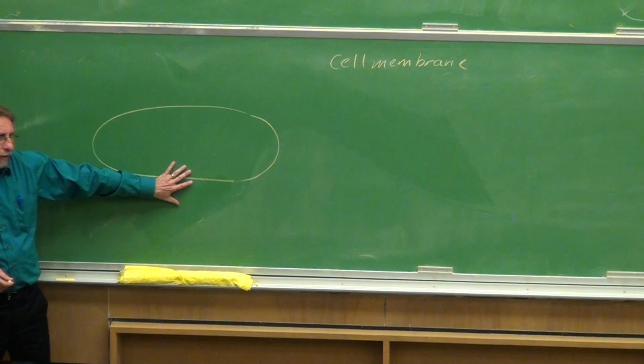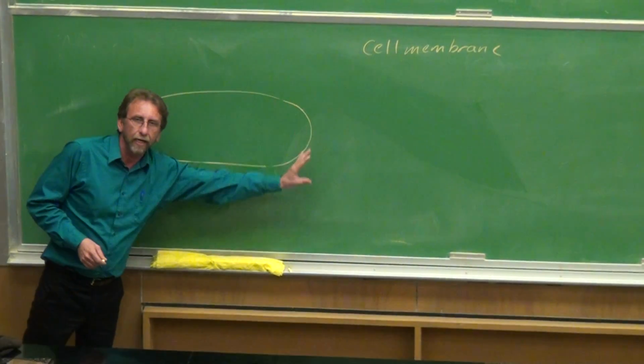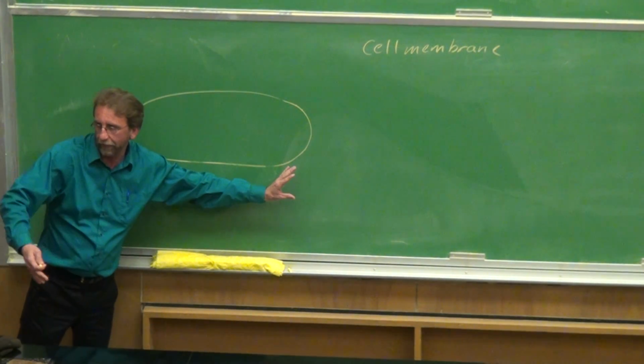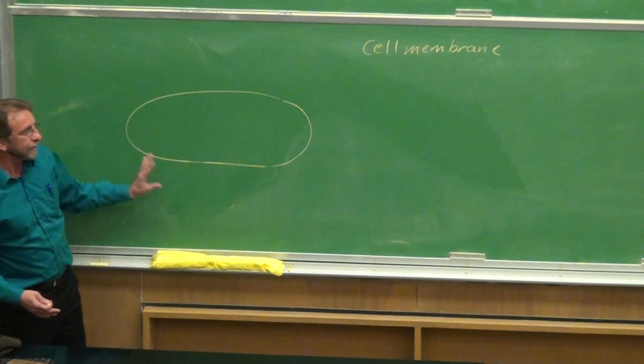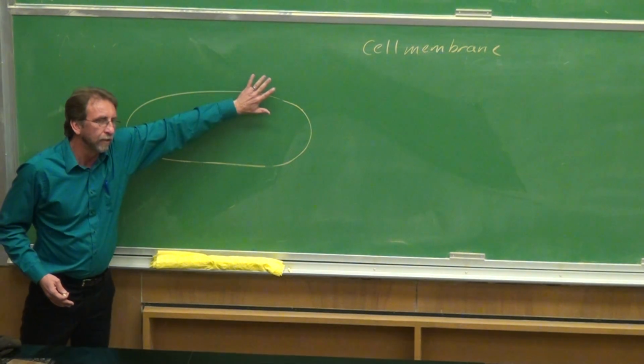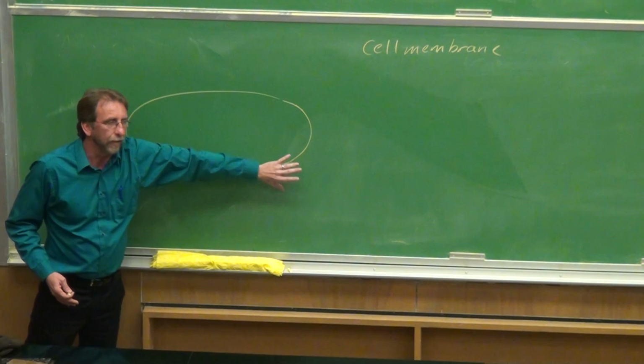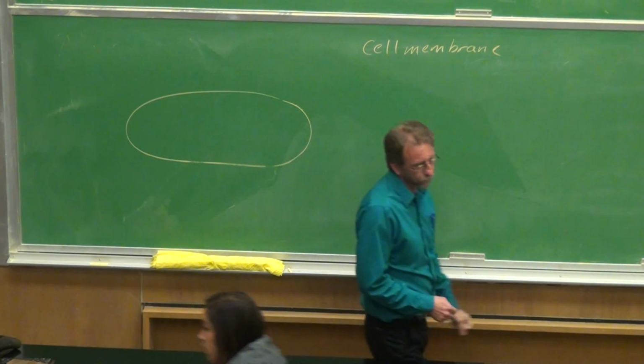If you think about it, this is how the cell interfaces with its environment. Everything that the cell is going to encounter first encounters the cell membrane. So it's how the cell interfaces with its environment.